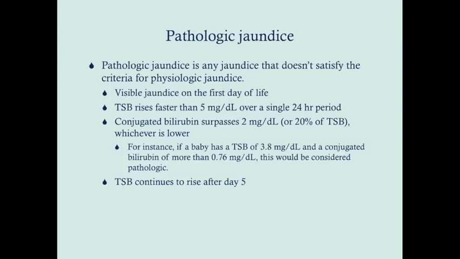So again, giving an example, if the baby has a total serum bilirubin of 3.8 and a conjugated bilirubin of more than 0.76, that would be considered pathologic because that's more than 20%. But like I said, if the total serum bilirubin is beyond 5, then we just use a cutoff of 2 milligrams per deciliter. We don't take 20% for that. And then if the total serum bilirubin continues to rise after day 5, that's also considered pathologic. So if any of these criteria are satisfied, it's considered a pathologic jaundice.